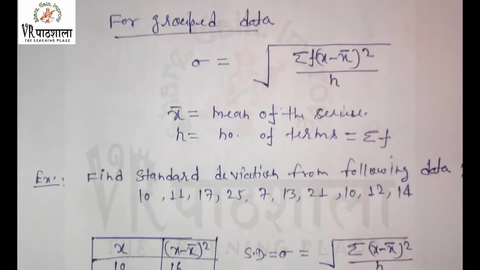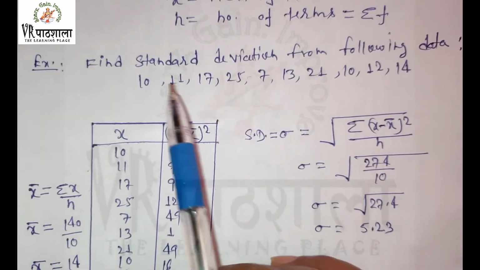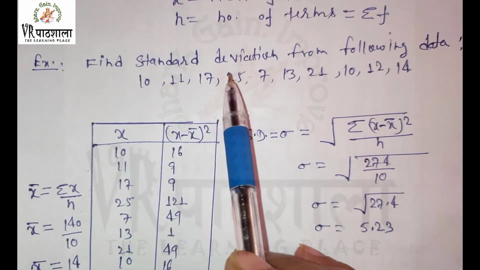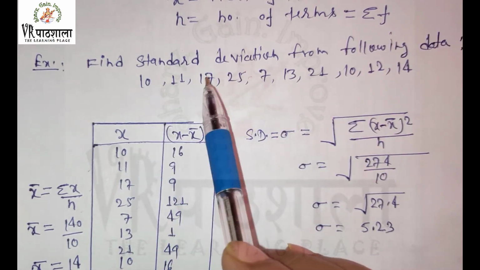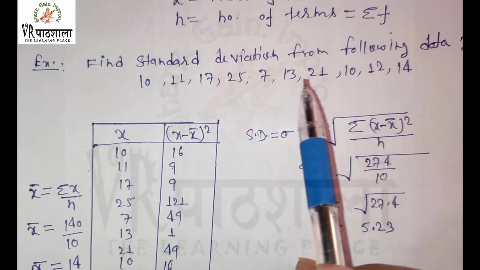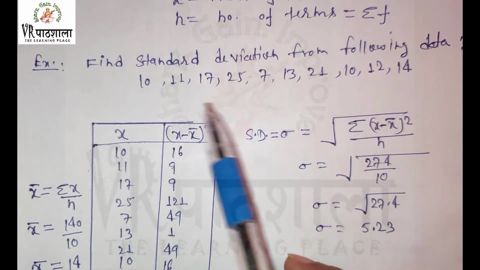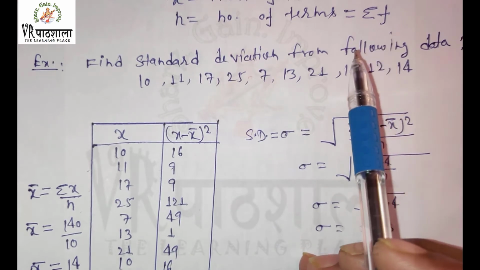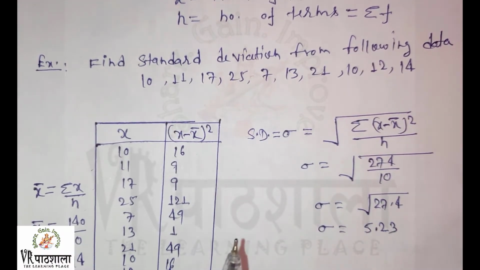Now we take one example. Find the standard deviation from the following data. The individual observations are given, so the data is ungrouped data. First we arrange the data in vertical form.